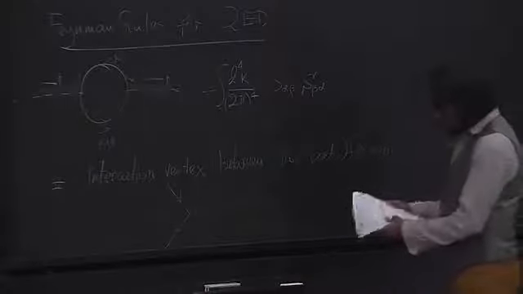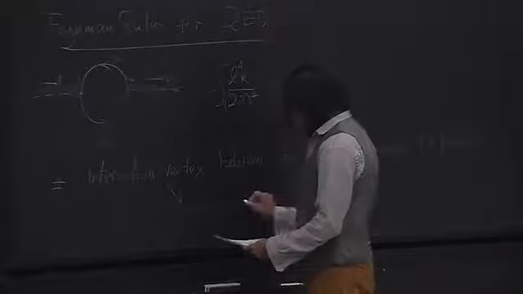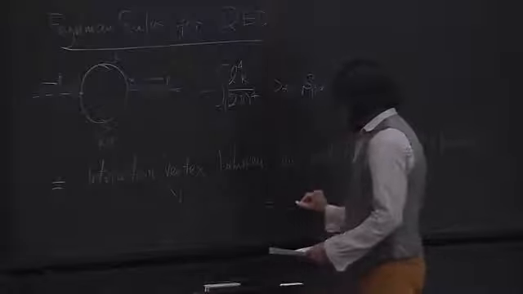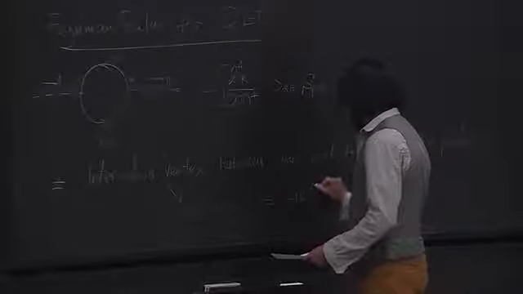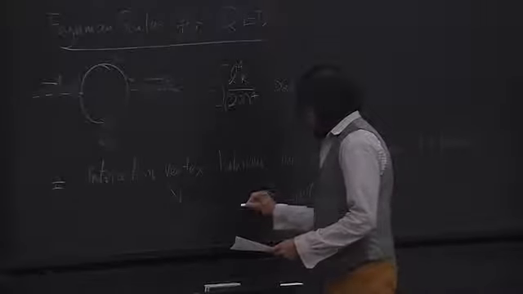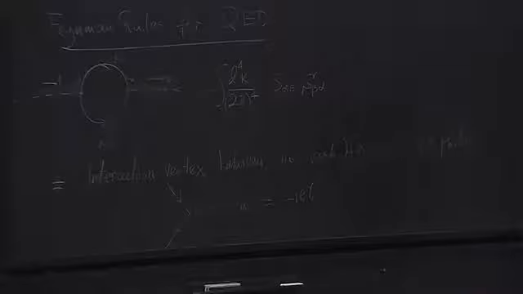So for each of these vertices, we write a vertex factor like this, and the photon will have some space-time vector index that it carries. So this is our first Feynman rule.